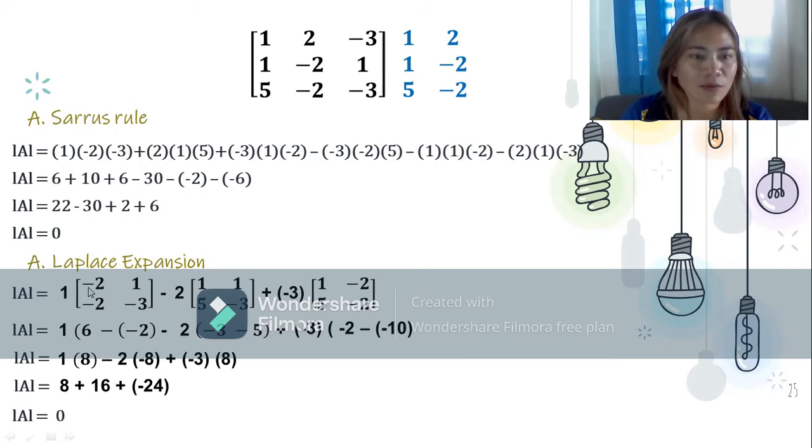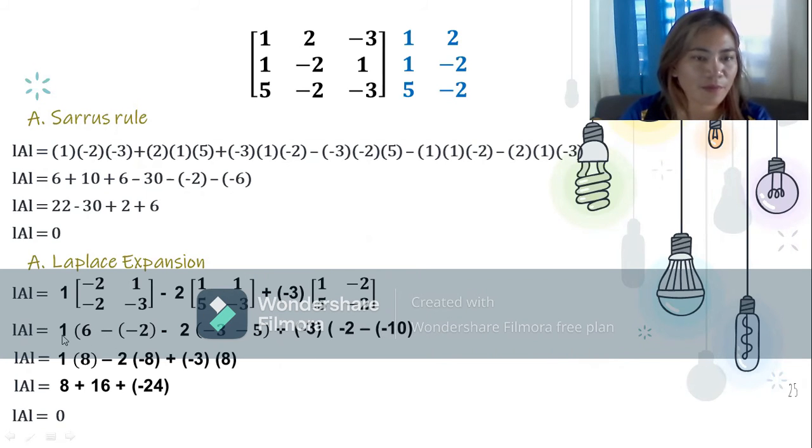So for the first, 1 times the quantity of negative 2 times negative 3, that is 6, minus negative 2, minus 1 times negative 3, negative 3, 1 times 5, that is 5. Plus negative 3 times the difference of 1 times negative 2, negative 2, and minus negative 2 times 5, that is negative 10.